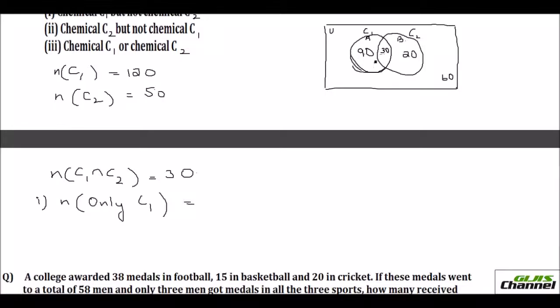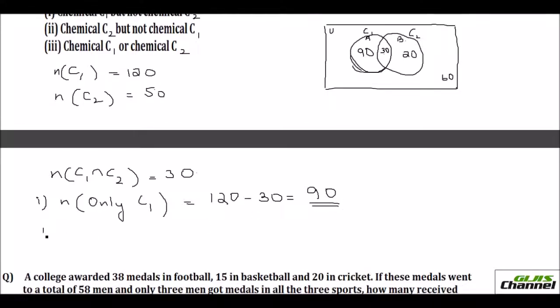These 90 people are exposed to C1 only, because these 30 are exposed to both C1 and C2. In this question, they want only the people who are exposed to C1. So out of this 120, you take away 30 and you are left with 90 here. So that is how you get 90 here.